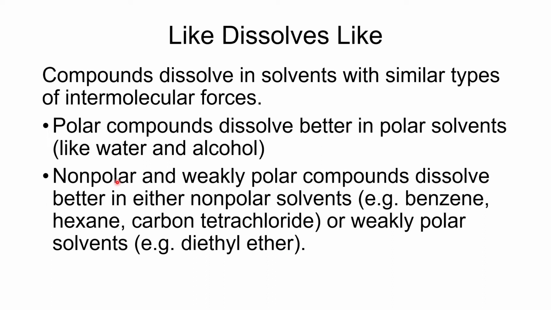And nonpolar or weakly polar compounds tend to dissolve better in nonpolar solvents like benzene, hexane, or carbon tetrachloride, or something that's maybe weakly polar like diethyl ether. So it's still polar, but it's not as polar as water or alcohol.